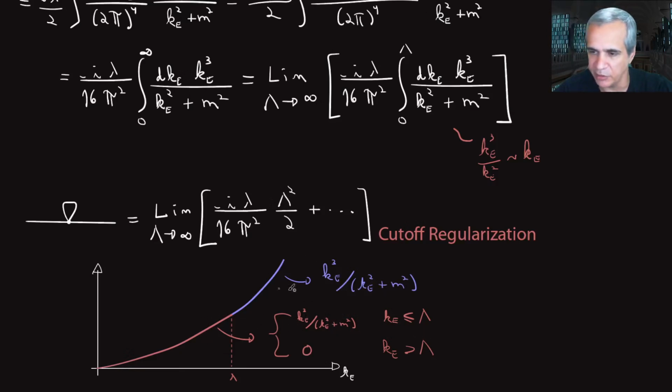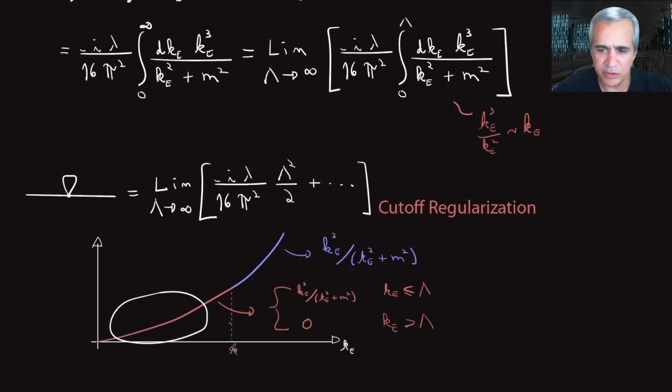You can keep your integral all the way to infinity, but you can change the integrand in this way. This is the original one in blue, and you can change it for one that is the same as the original up to Lambda and 0 afterwards. That will be the same as cutting the integral off. And there are two things you need to keep in mind. First is that on this part of the momentum space, there is no change.